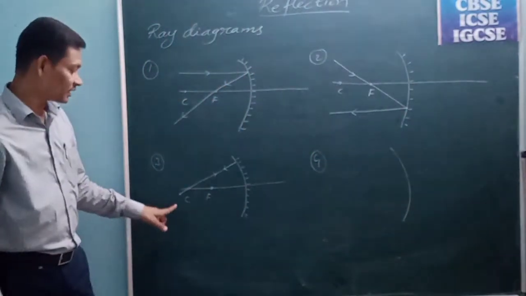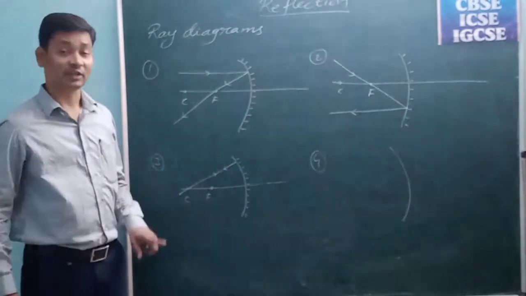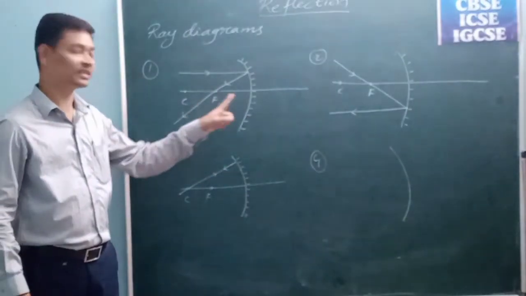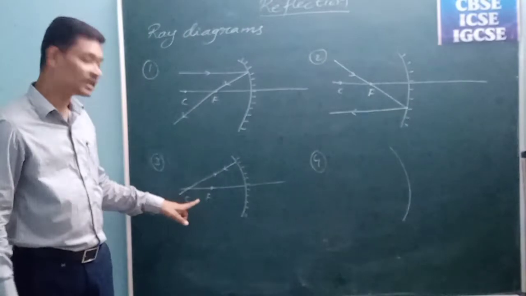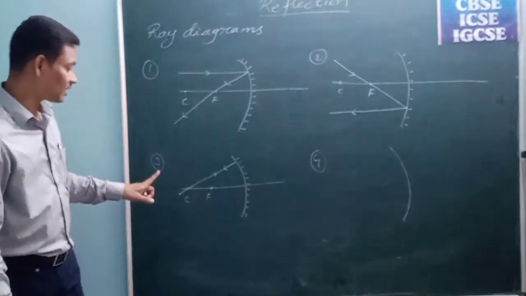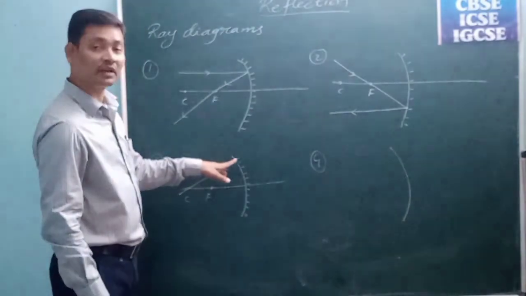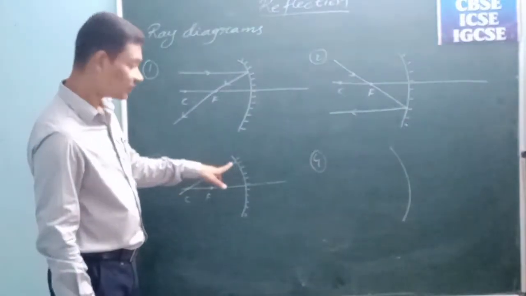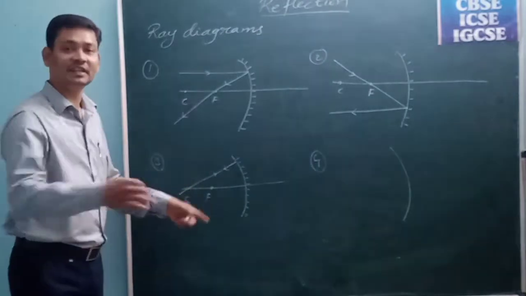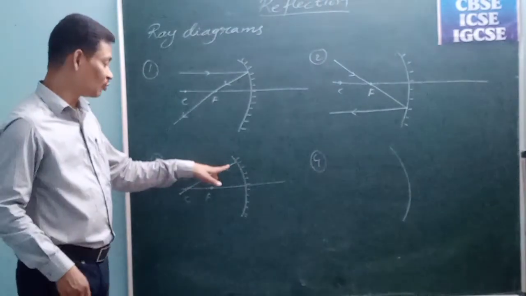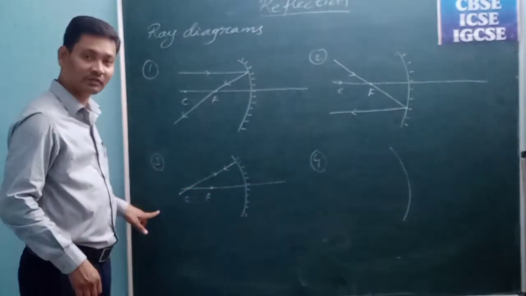The third rule is, if it is moving from center of curvature, in the first two cases it is dealing with the focus. Now the third case we are dealing with the center of curvature. If the light ray is passing from the center of curvature, then the reflected ray again takes a 180 degrees turn and again moves back in the same path of the incident ray.